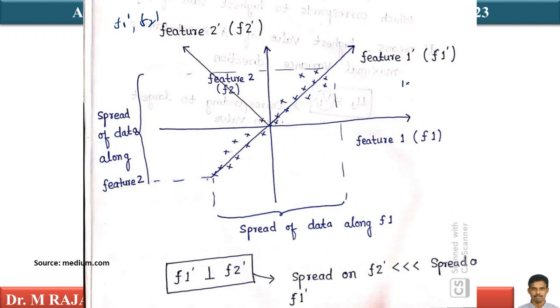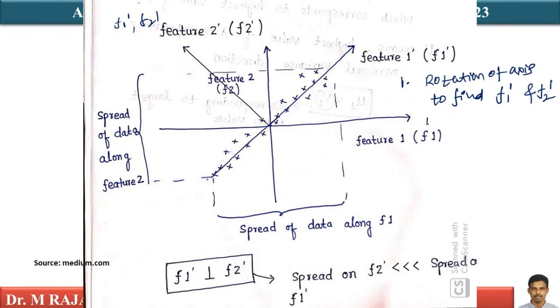Step number 1, rotation of axis, to find F1 dash and F2 dash, where F1 dash represents maximum variance.